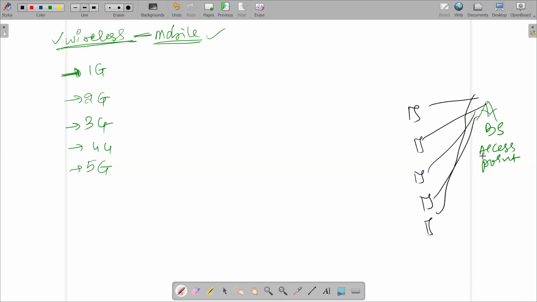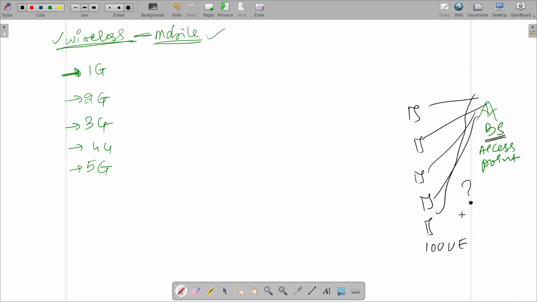If it is 2G, more than one user. When it comes to 3G, 4G, 5G, you can say hundreds of users. So on what technology, what kind of mechanism are these mobiles able to access? Say 100 mobiles, 100 UEs. How are these 100 UEs accessing the access point, or simply the base station?